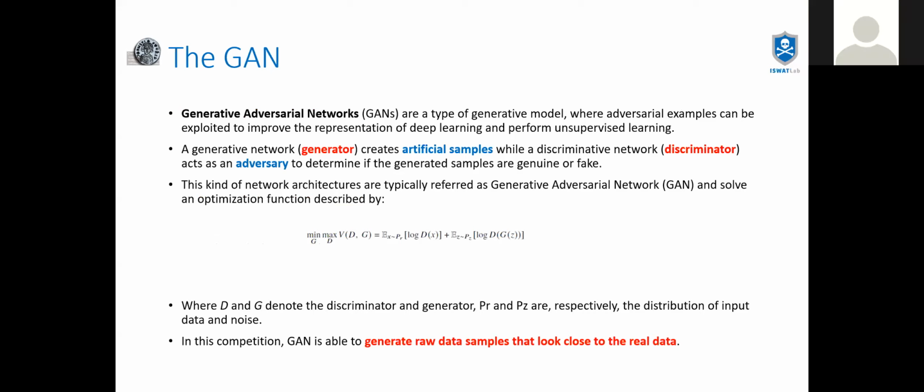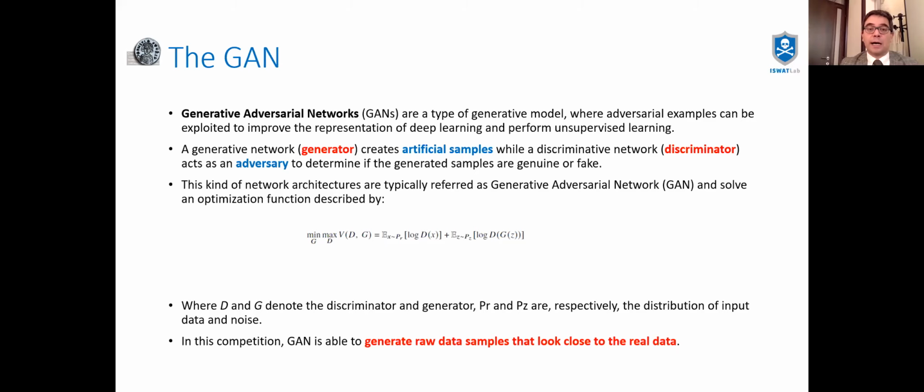So the GANs basically are generative models. This means that the GAN is aimed at producing new models for detectors. And we can distinguish usually in a GAN architecture two components.